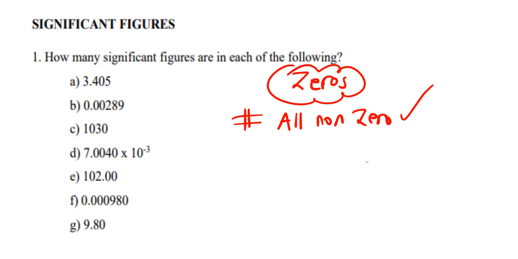All of them are significant. What about the other kind of zeros that you are supposed to understand? We've got what we call trailing zeros. Now, what about trailing zeros? Trailing zeros are zeros to the right of a non-zero digit. These ones are only significant if followed by a decimal point.